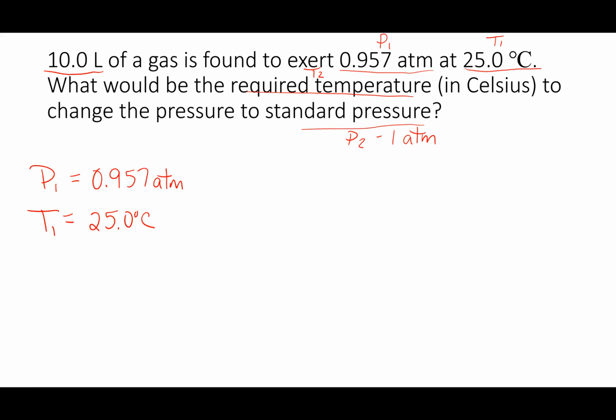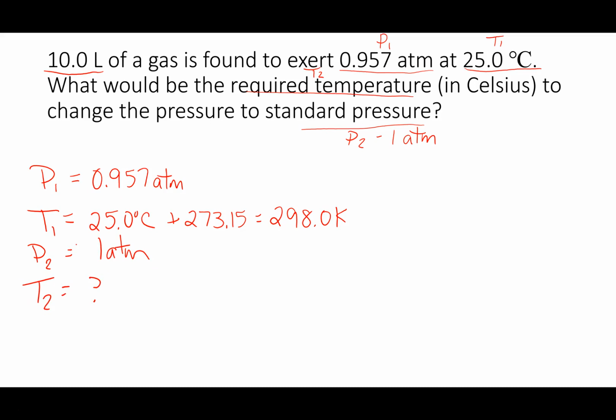We're going to have to convert here to Kelvin, and we do that by adding 273.15. So that's going to give us 298.0 Kelvin. P2 is our standard pressure, which we know is 1 atmosphere, so we need to solve for T2.